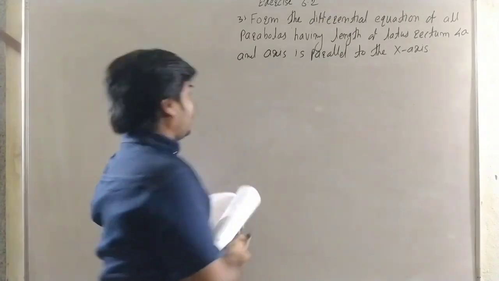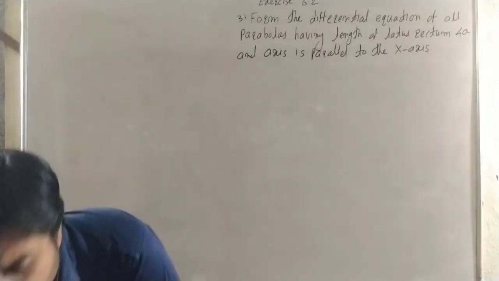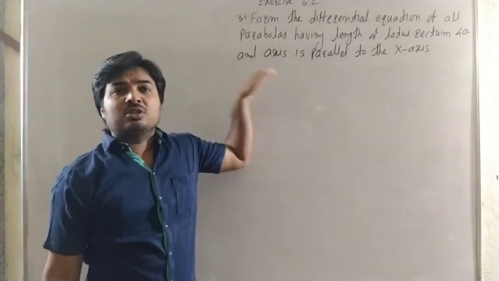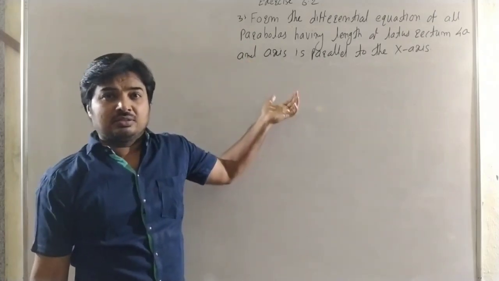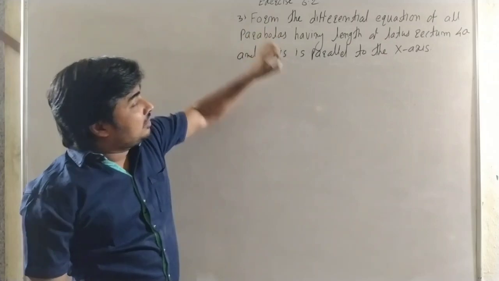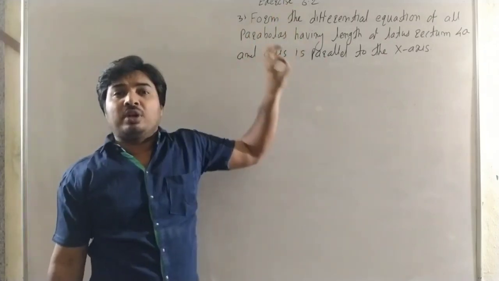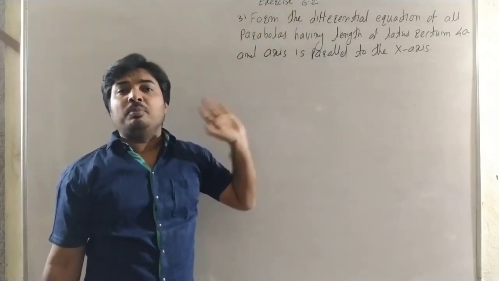Okay. Now here the axis is parallel to the x-axis. That means it is not a standard parabola. And the length of latus rectum is fixed, it is 4a. Here it is a general parabola.